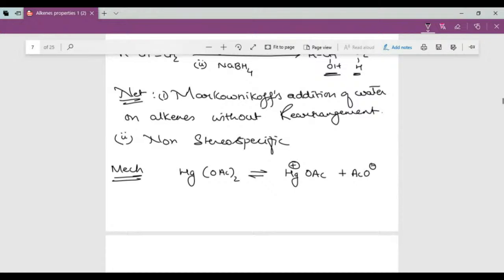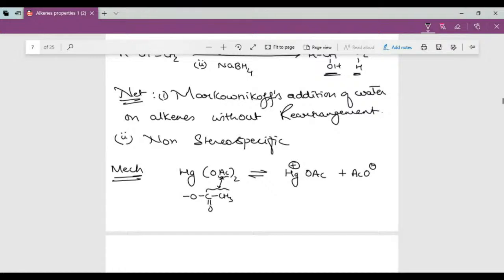Mercuric acetate is dissociated as a cation and an anion. That is our first step. That is how the reaction starts. What is this OAc? It is OCOCH3. This part is this.